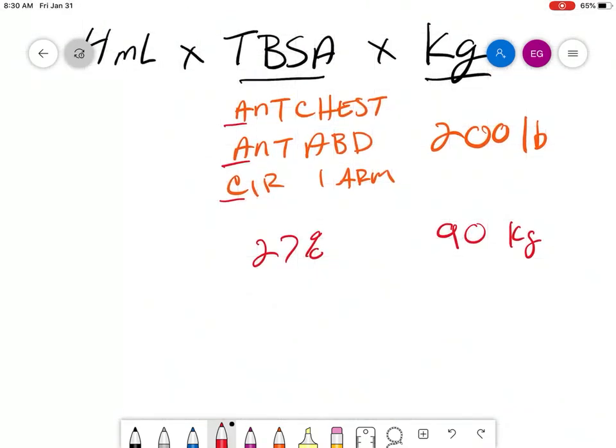Alright, so let's bring all this down into a math problem, which is simply 4 times 27 times 90. Take a second to figure that out.